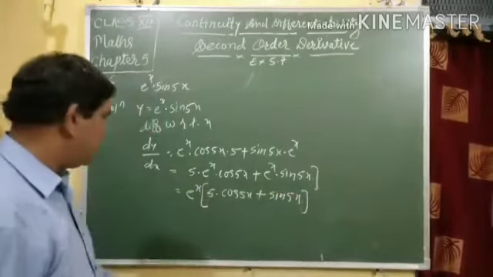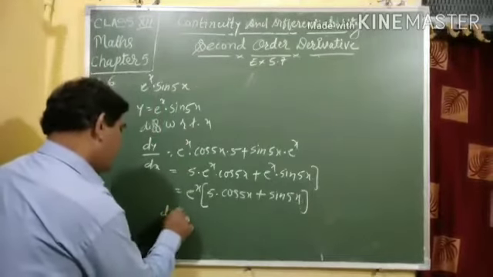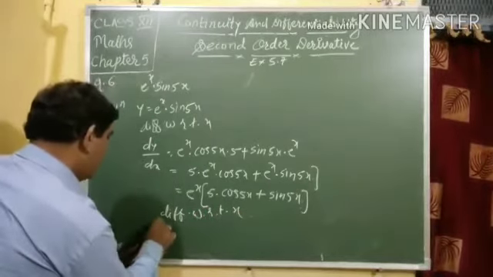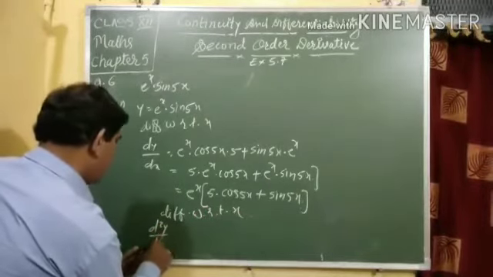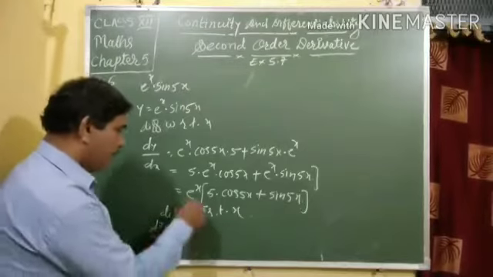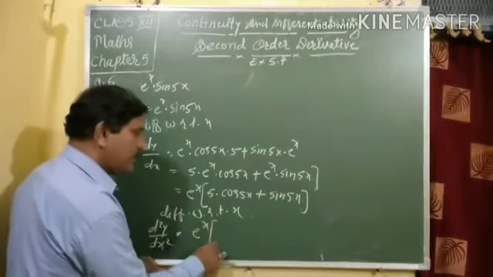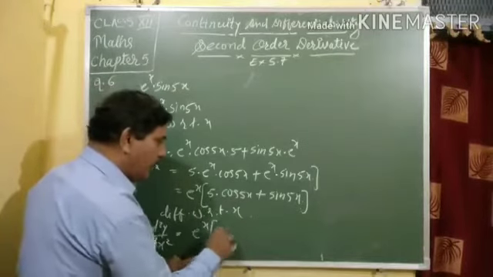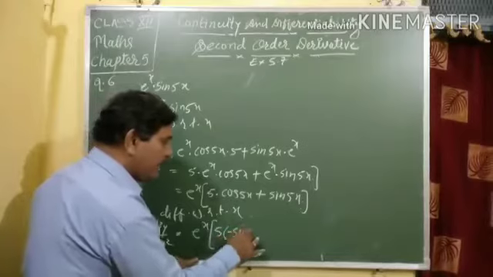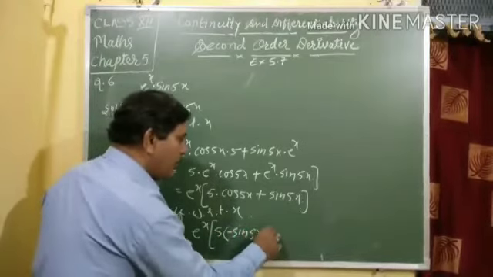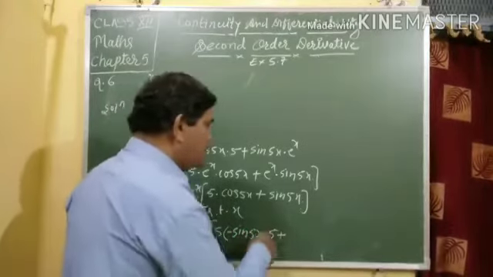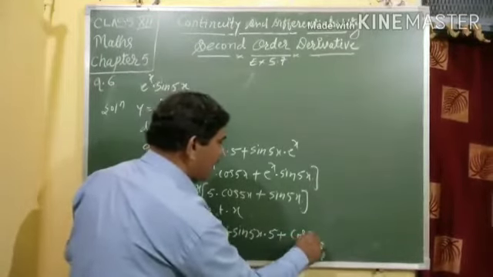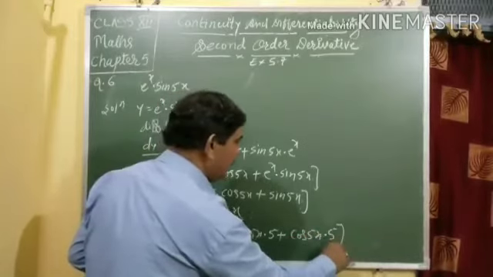Again differentiate with respect to x. So d square y by dx square is equal to, first term as it is, e to the power x. Now derivative of this: pi as it is, derivative of cos is minus sin pi x into pi, plus derivative of sin pi x, that is cos pi x into pi. Clear?